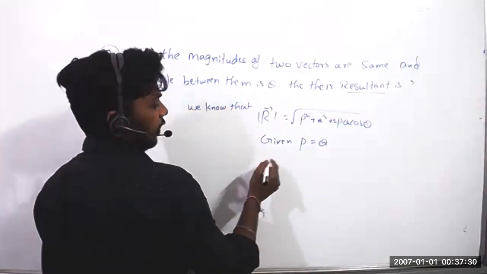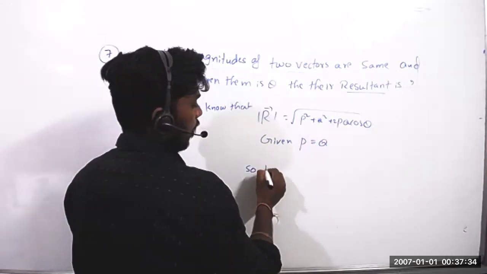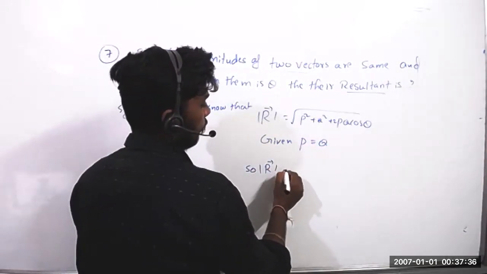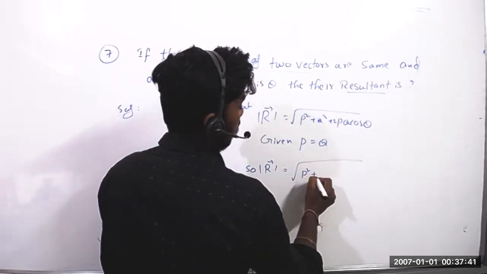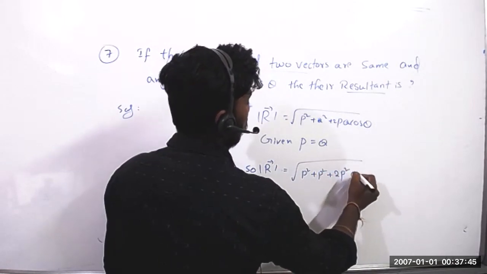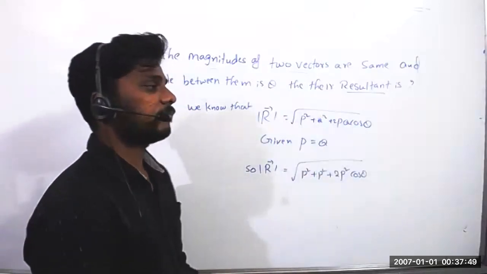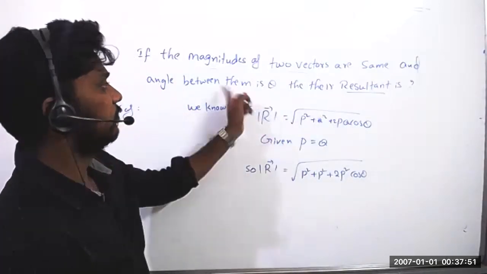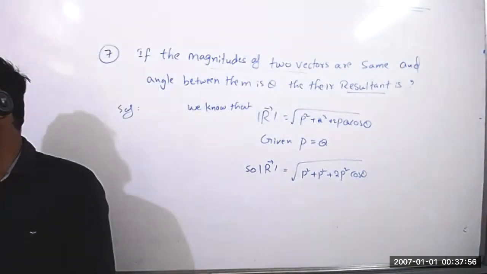Now see, so R bar equal to root over P square plus P square plus 2P square cos theta. Am I clear? Angle is theta only, no? They have given. No doubt, right? Everyone?